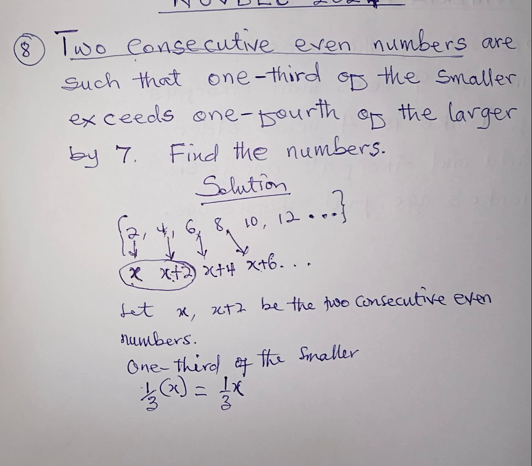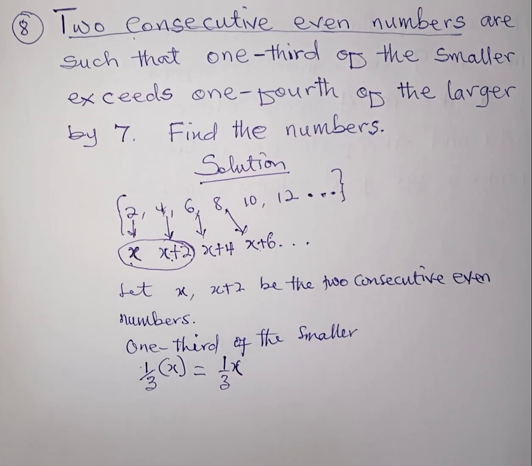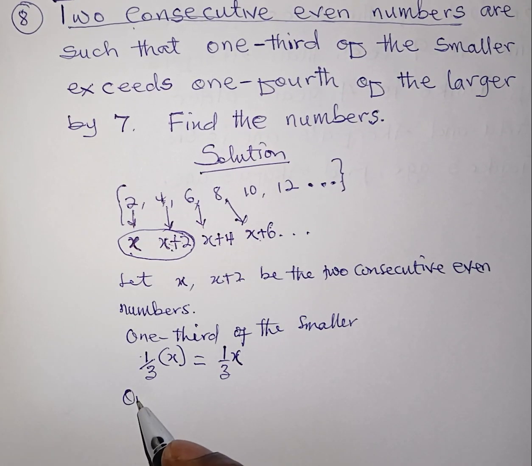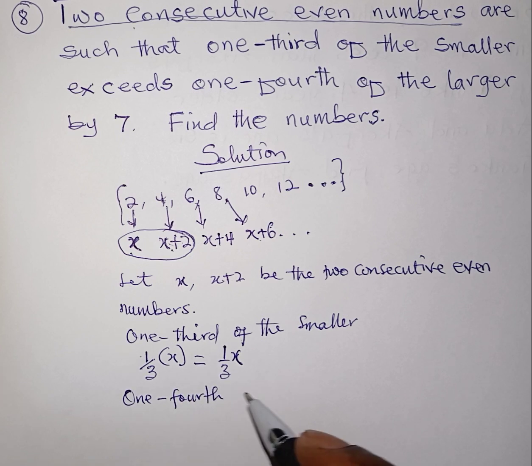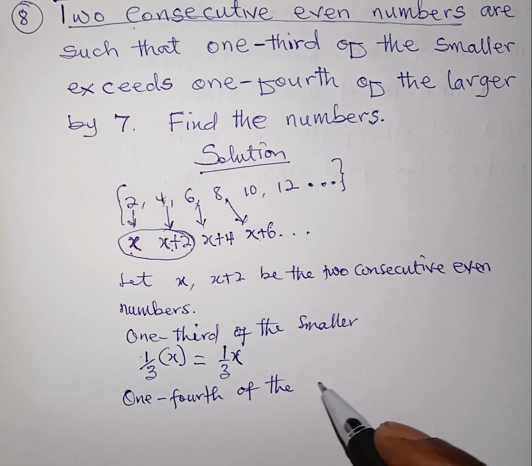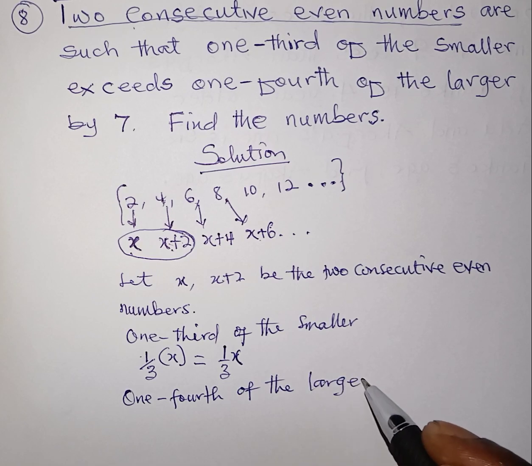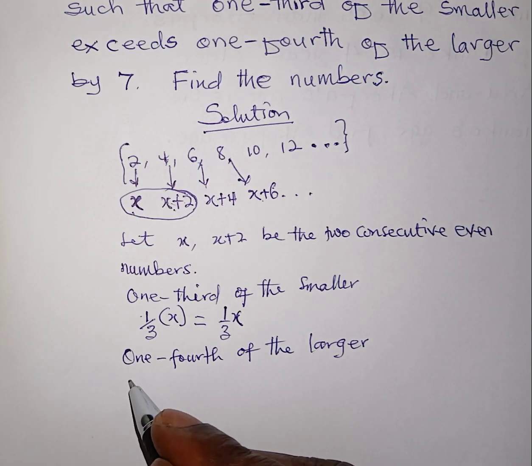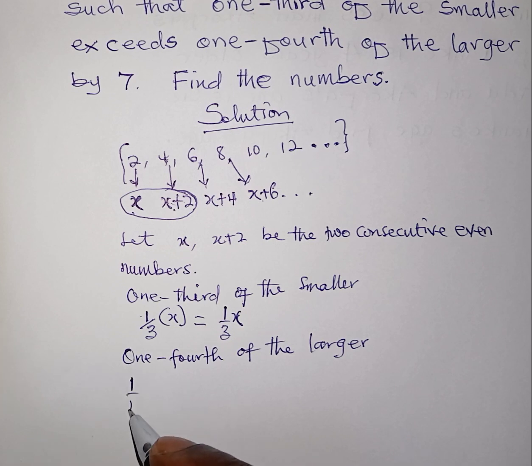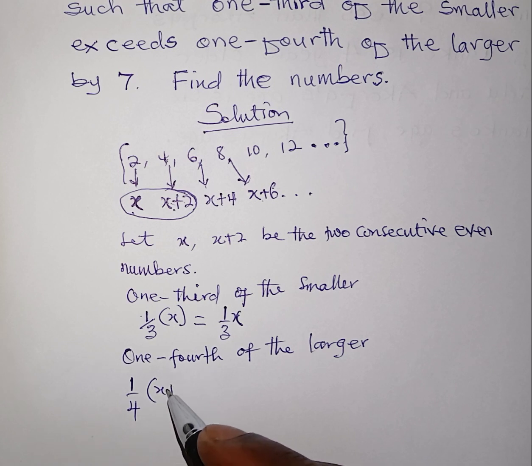It also further says it exceeds 1/4 of the larger. So let me also write 1/4 of the larger. So if we say 1/4, then that one we are also talking about 1/4. And what is the larger? The larger is x plus 2. So that is 1/4.